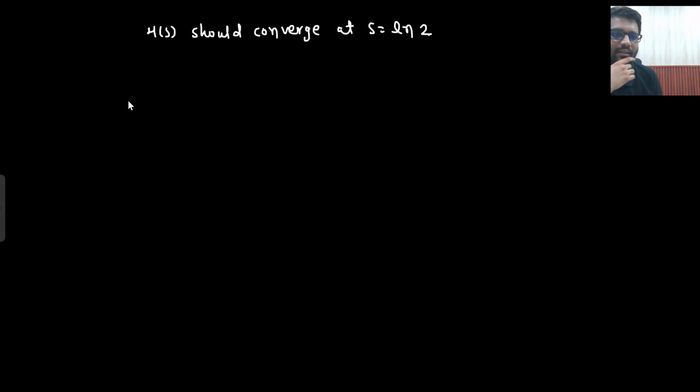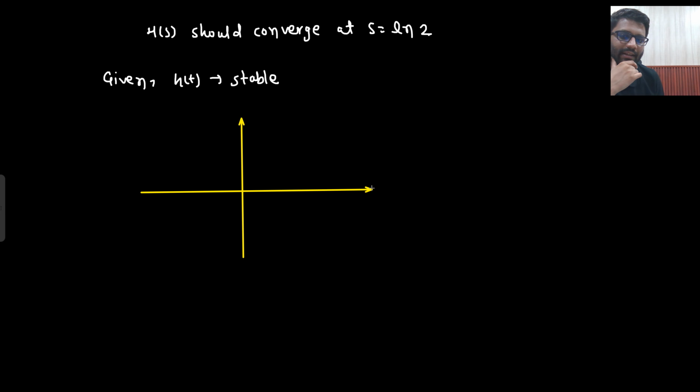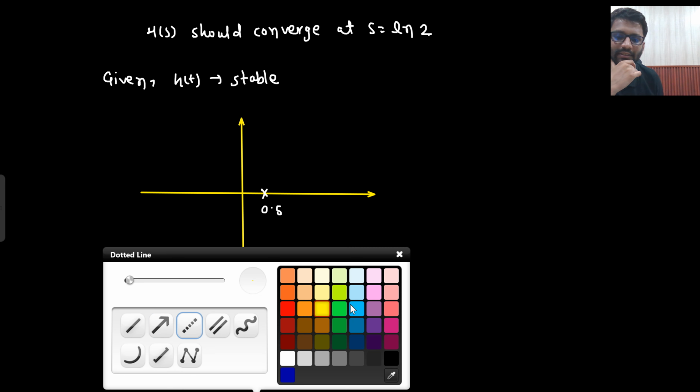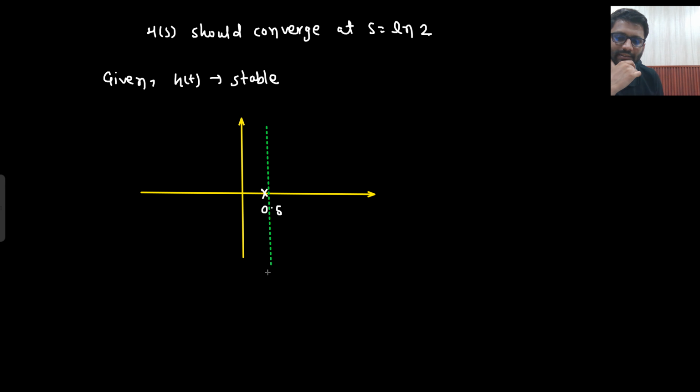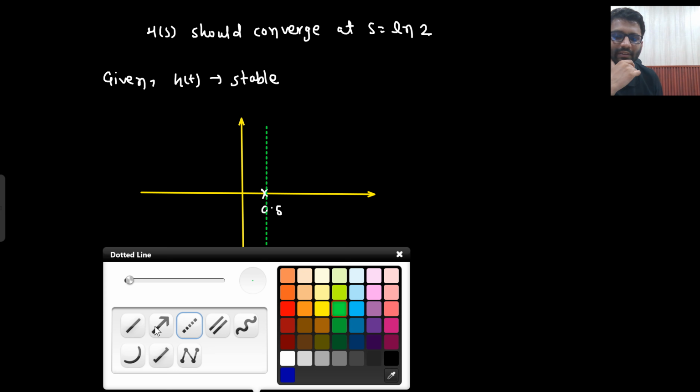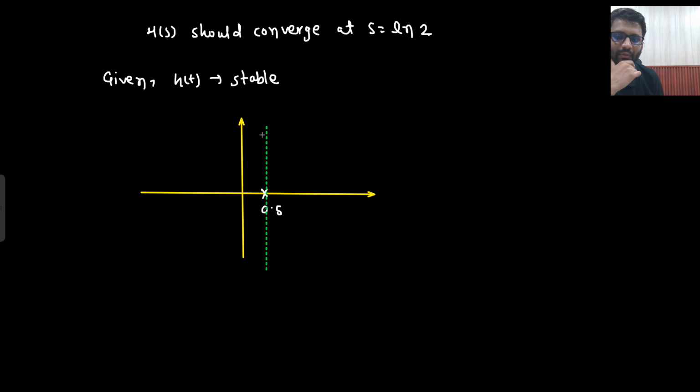Now what information about h(t) is given? They are saying that h(t) is a stable LTI system, that's it. Now suppose my ROC of H(s) is something like this: it has one pole at 0.5, and this is the ROC.